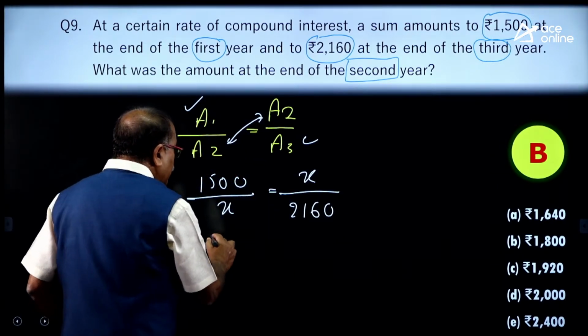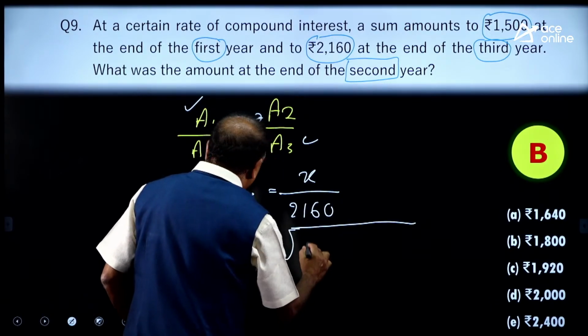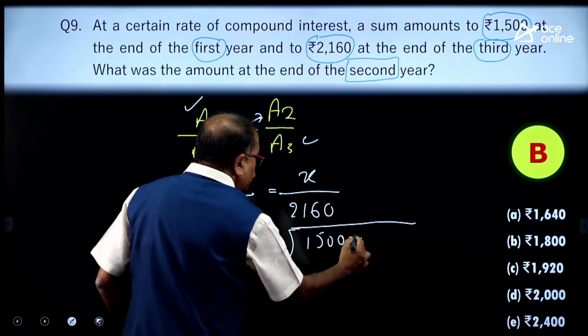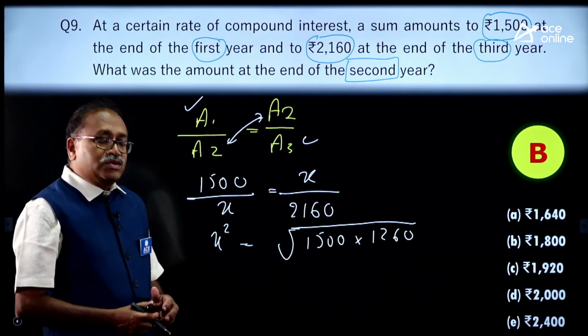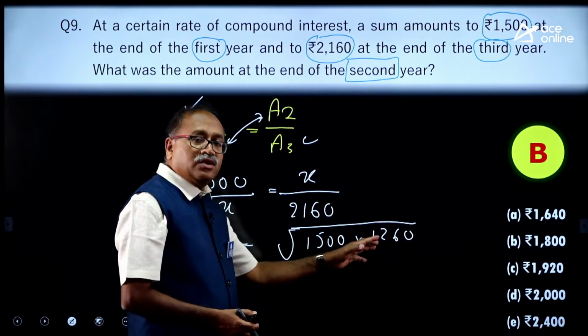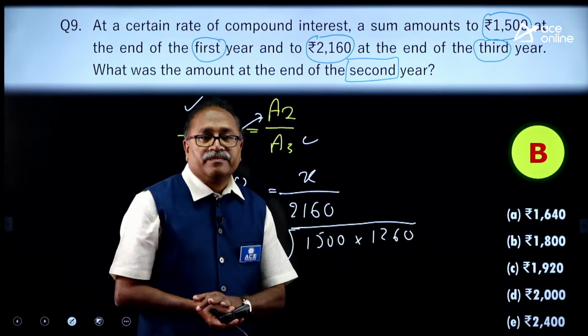So, you notice that I am getting x square over here. The x square is equal to 1,500 into 2,160. I will not multiply the whole, because I need to find out the square root of this number.